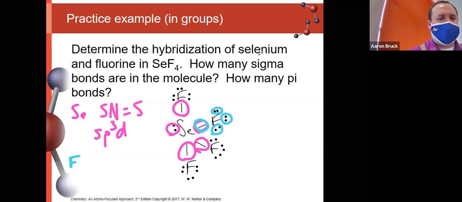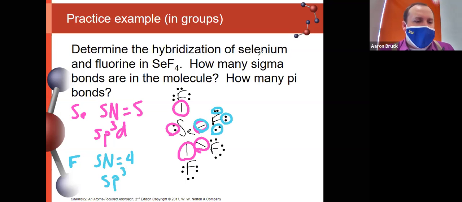I've got the 3 lone pairs. That's going to give me a steric number of 4 in total. This would just be plain old sp3. And for fluorine, that's kind of its bread and butter. Fluorine, if it hybridizes at all, is going to hybridize in an sp3 sense because it's already got 7 valence electrons. So adding the 1 bond gives it its 8th. You're already full. You're going to have all the orbitals there.